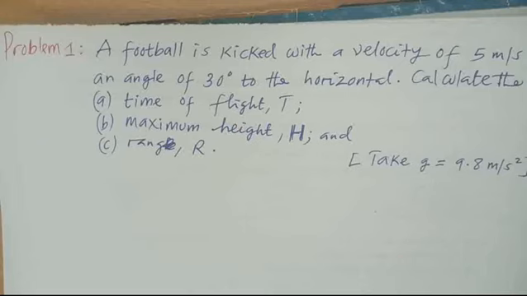In today's video we will solve problems related to projectile motion. In the first video we introduced the concept and explained almost everything. In the second video we derived the relevant formulae we need for solving problems related to projectile motion.